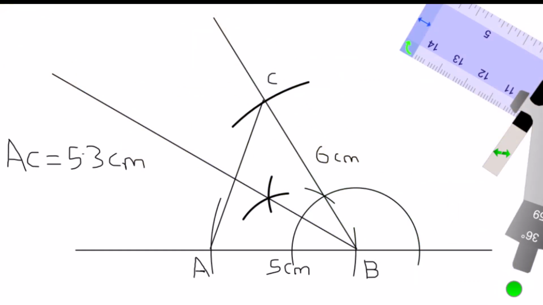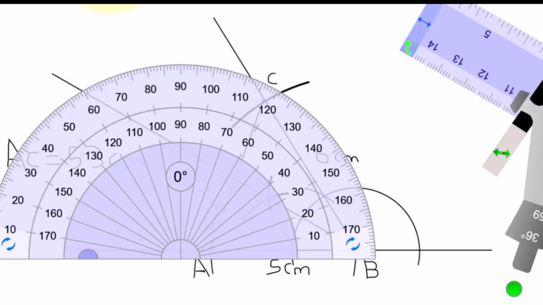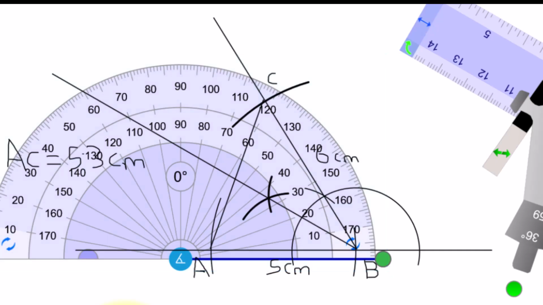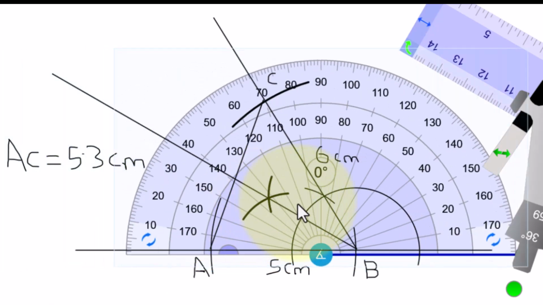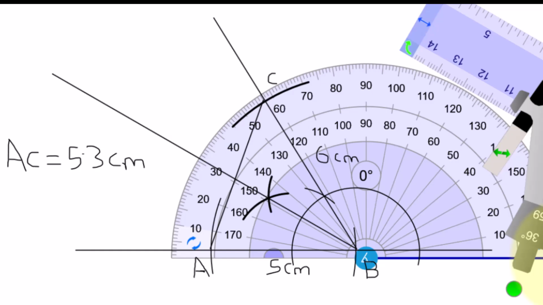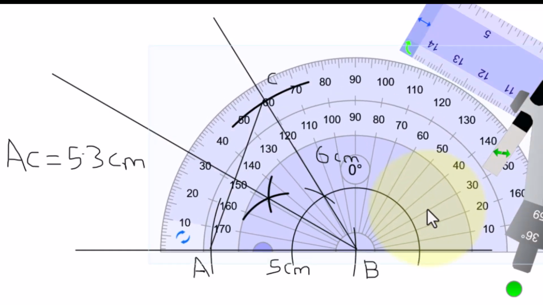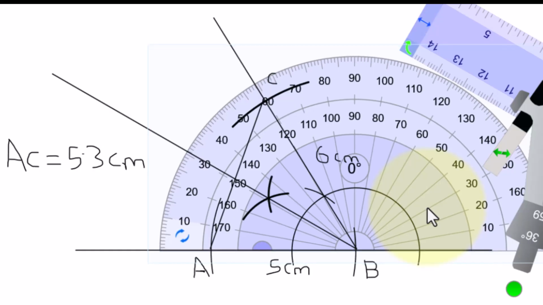Then if you now take your protractor and check, just drop it here. You will see that this one, if you watch, it's going straight to 30.